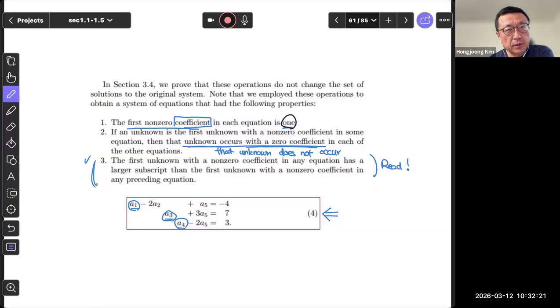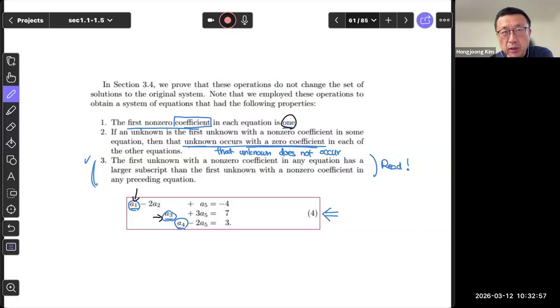So in this box below, if A1 appears with non-zero coefficient 1, and it is the first unknown in the first equation, then A1 appears only in the first equation, not in the second or third equation. In the second equation, A3 is the first unknown with a non-zero coefficient.